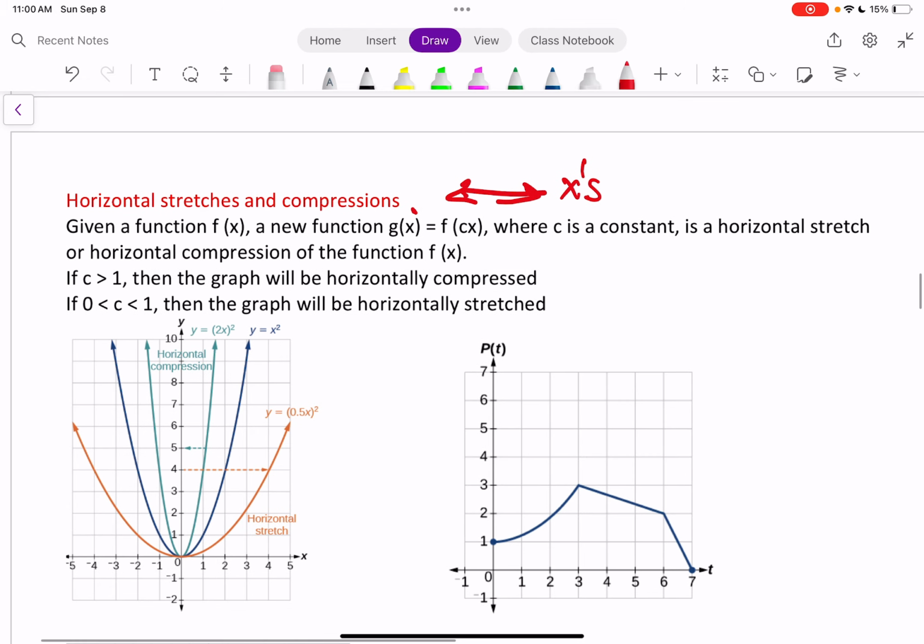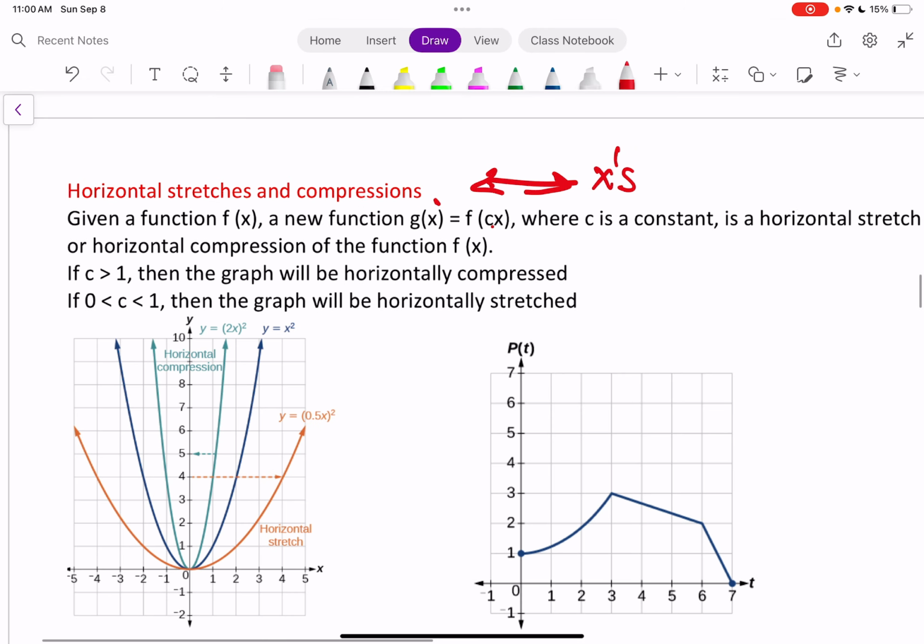Now I'm taking the x's and multiplying them by numbers, just the same as we did with the horizontal shifts. So that means stuff is happening to x's. And of course, as I said before, when stuff is happening to the x's, you do exactly the opposite of what the operation says. I'll summarize it for you in a minute.